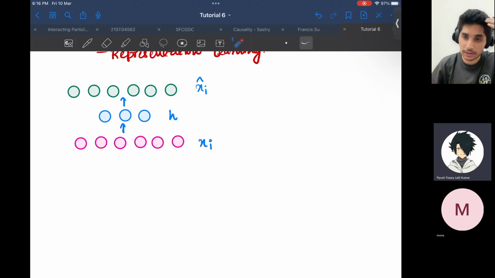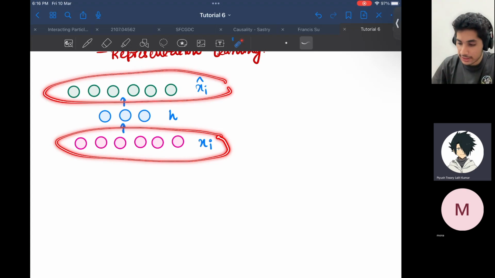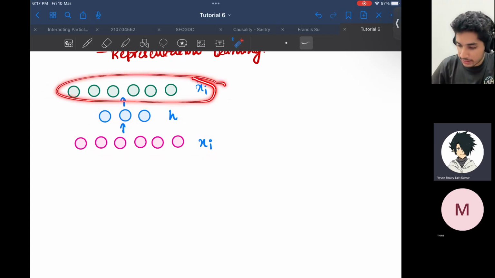So in this diagram, you are saying, I'm giving you some input xi, just give me the same xi as output. I don't want any classification, I want the reconstruction of the given data. However, you are deliberately using an intermediate layer which has fewer neurons. Why? Because xi hat is going to use the values of h to reconstruct the data.